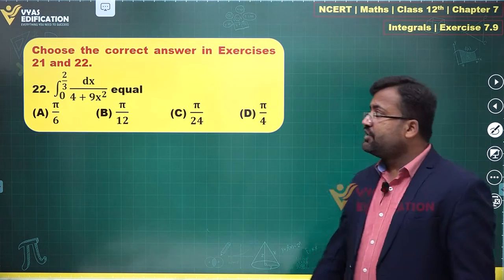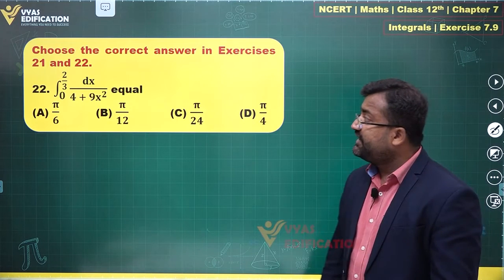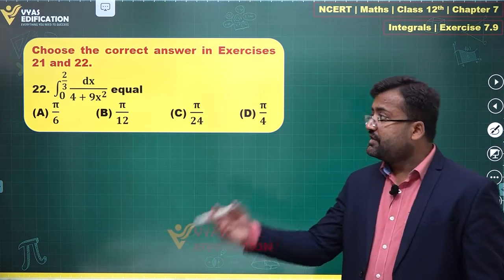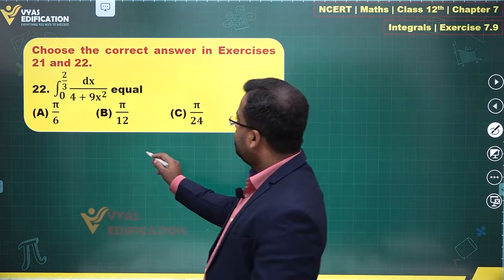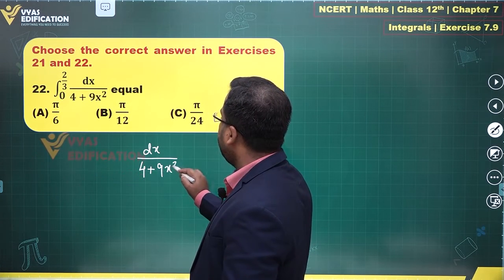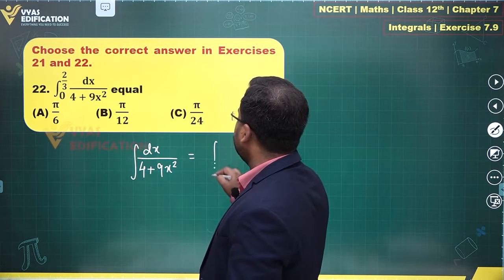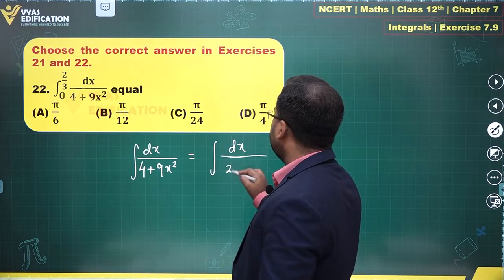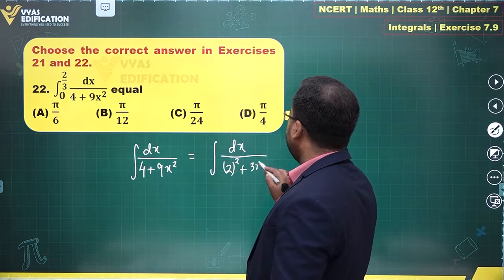In the 22nd question, you have integral from 0 to 2 by 3 dx upon 4 plus 9x square. Now how do we handle this? So dx upon 4 plus 9x square, the integral of this can be written as dx upon 2 square plus 3x square.